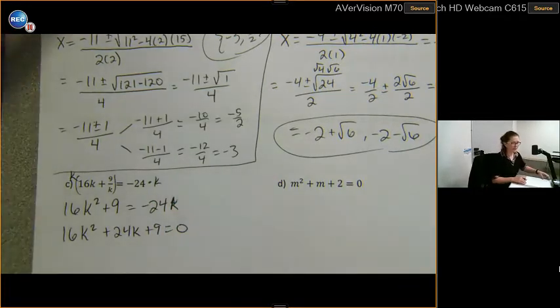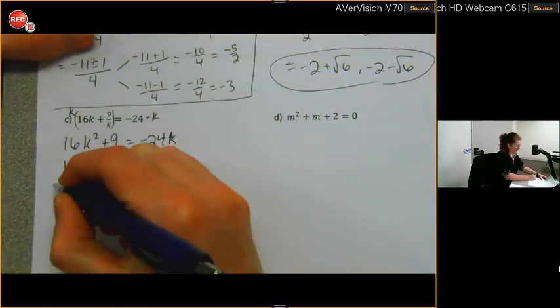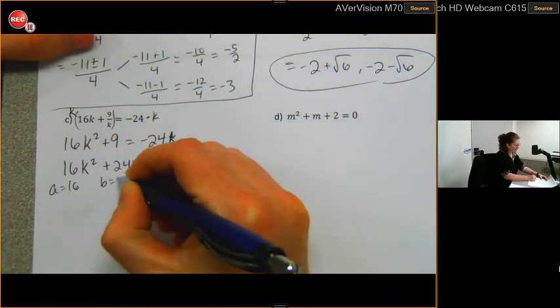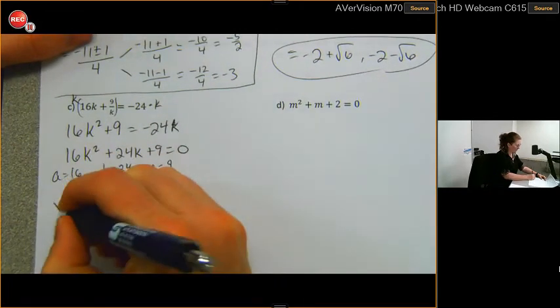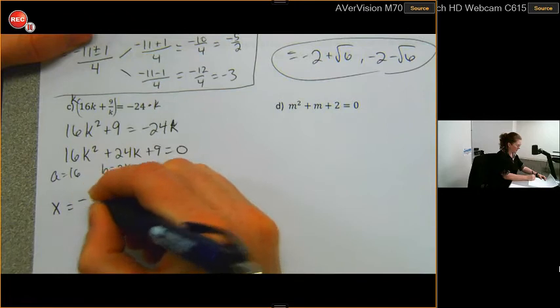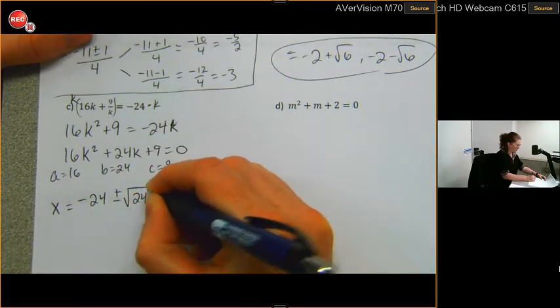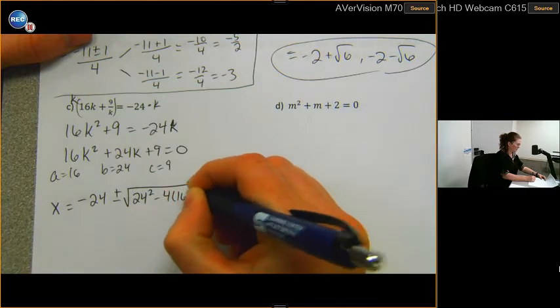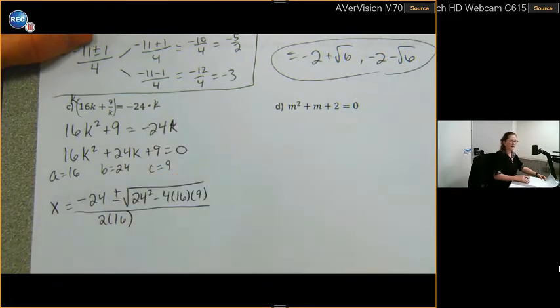And now I have it set up to solve with the quadratic formula. We have A is 16, B is 24, and C is 9. So we get negative 24 plus or minus the square root of 24 squared minus 4 times 16 times 9, all over 2 times 16.